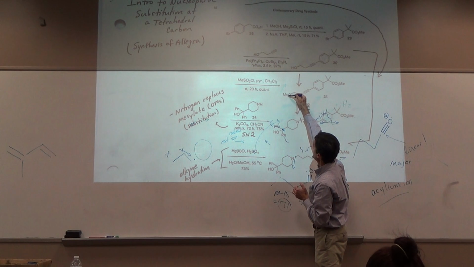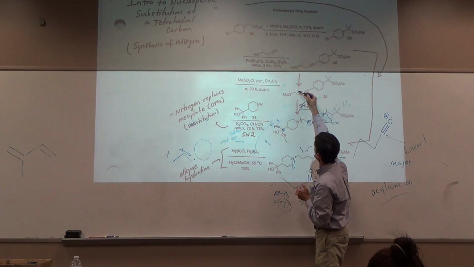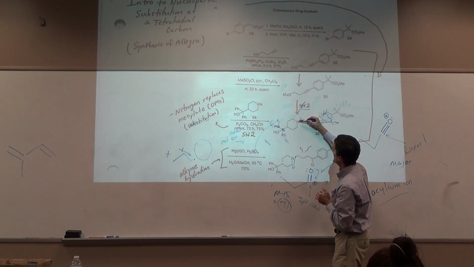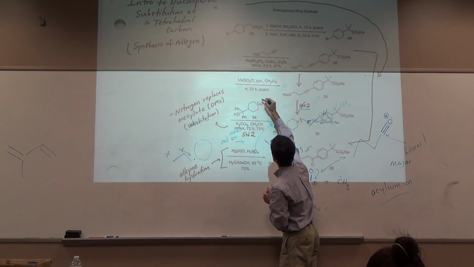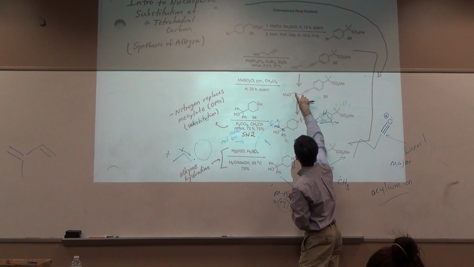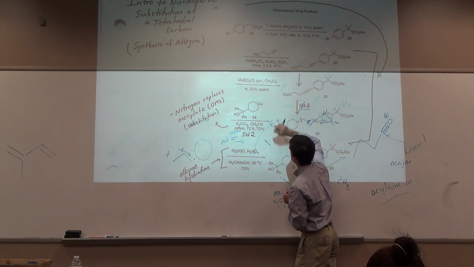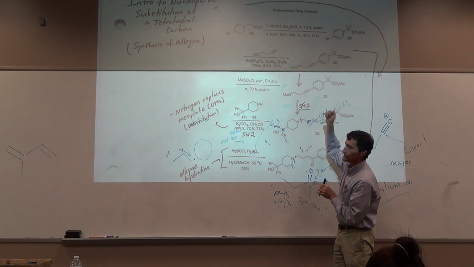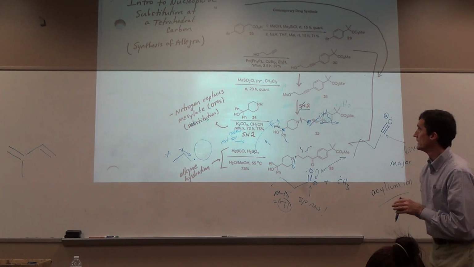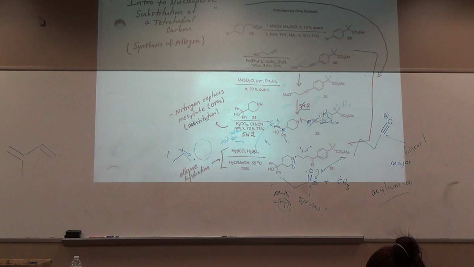The mesylate, the OMs, is being replaced by a nitrogen. Basically, this nitrogen is going to come in here and bond to this carbon and kick this off. And now the nitrogen is bonded to the carbon in place of that. So it's a substitution. We call it a replacement reaction. That's more of a gen chem term.